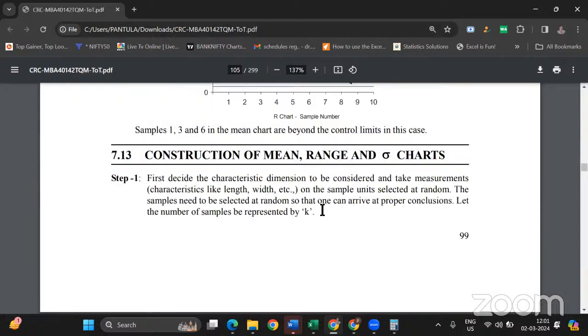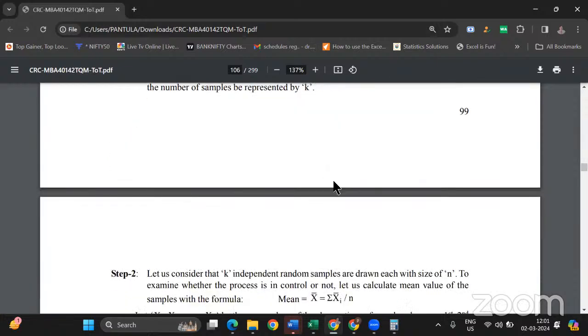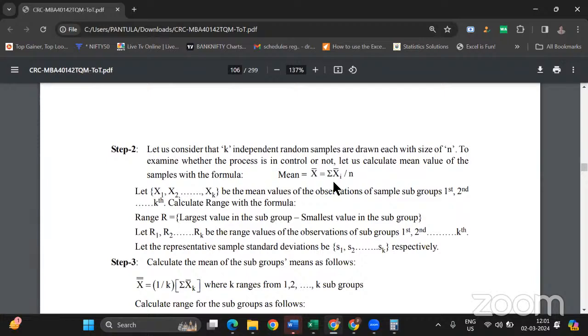Step one: decide the characteristic of dimension to be considered for measurement, like length or width, with sample units selected at random. Let us consider K independent random samples drawn, each of size n, and examine whether the process is in control or not.